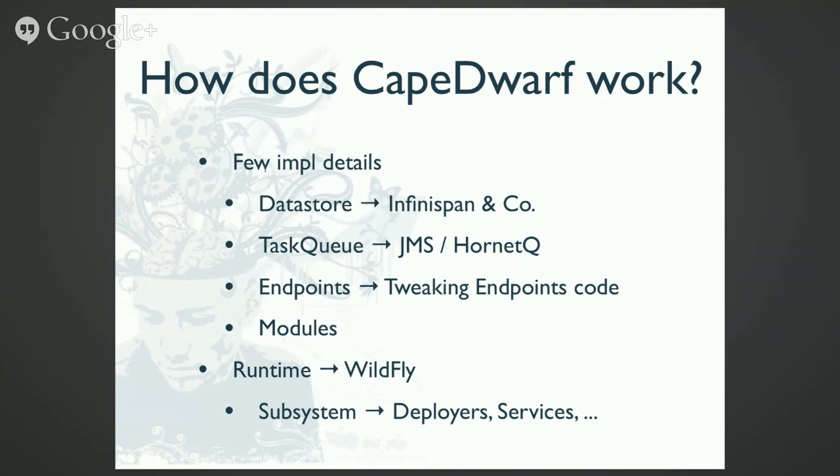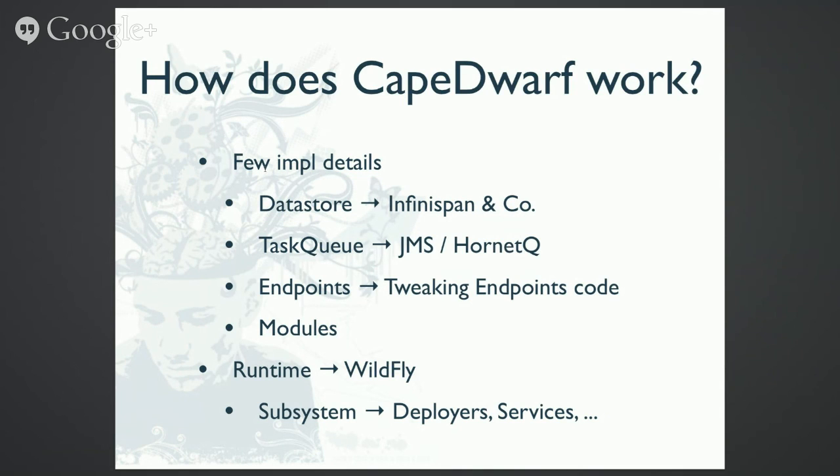For the task queues, we use JMS and HornetQ, which is the JMS implementation inside WildFly. Endpoints, we used to generate JAX-RS, like RESTEasy code, but it turned out it was actually easier for us to just tweak the existing endpoints library.